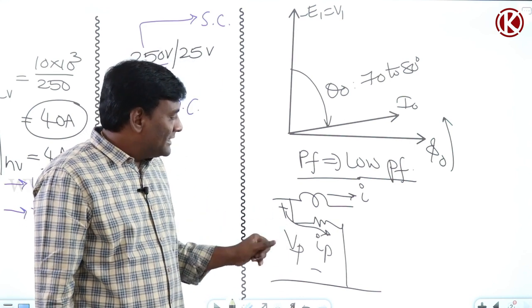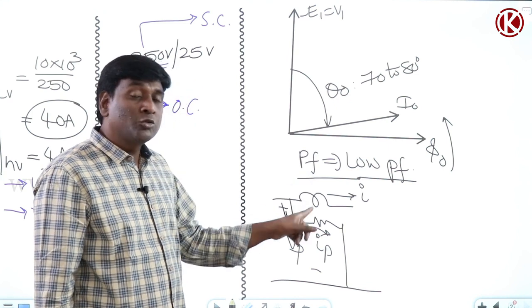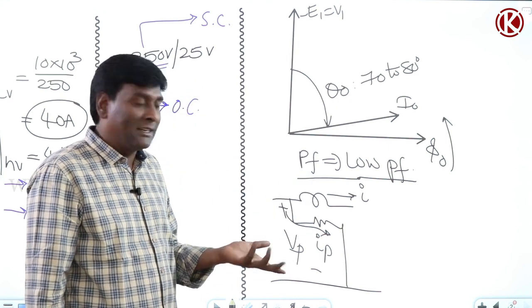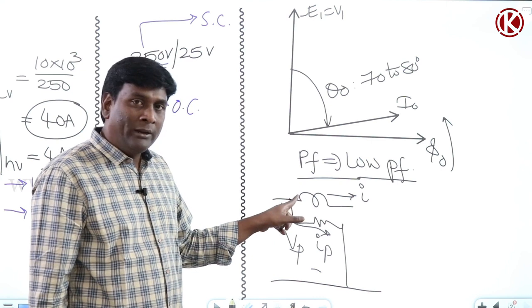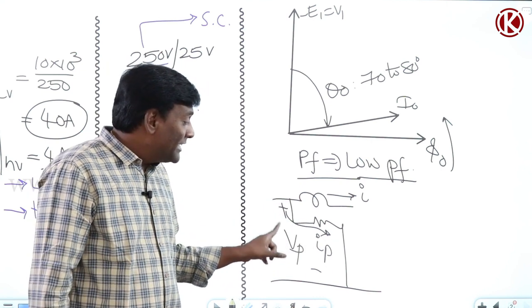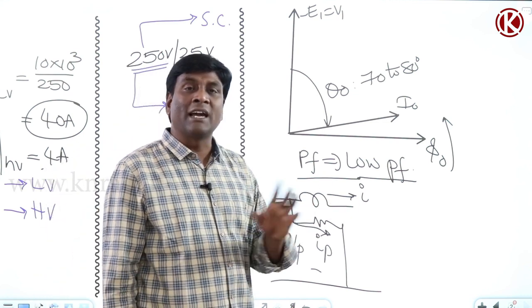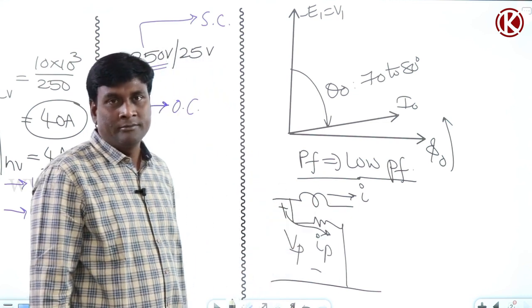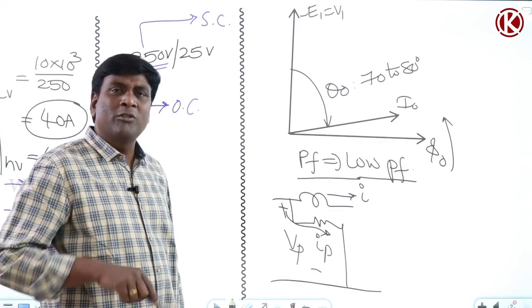So the wattmeter should read the current flowing through the current coil multiplied by the voltage across the potential coil multiplied by cos of the angle between the potential coil voltage and the current coil current.